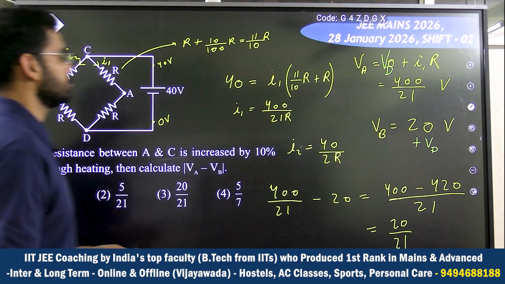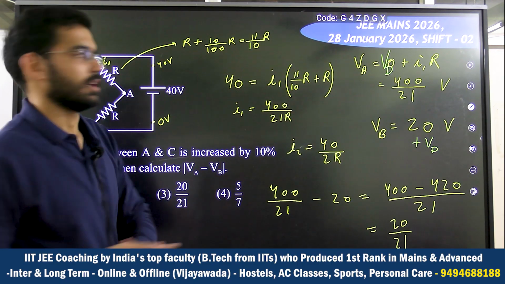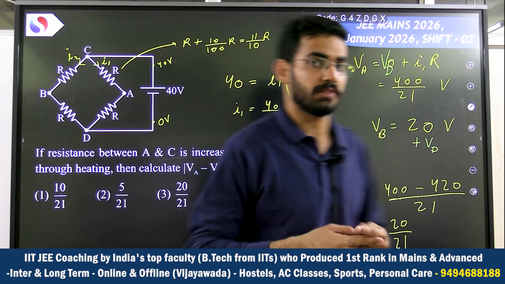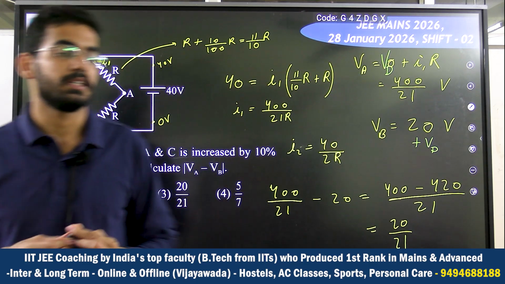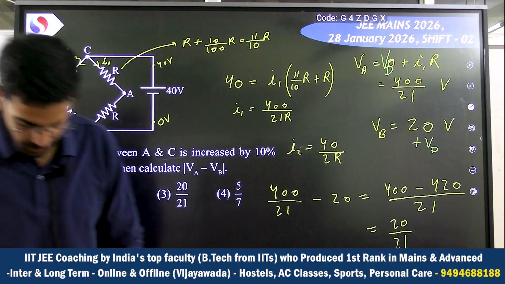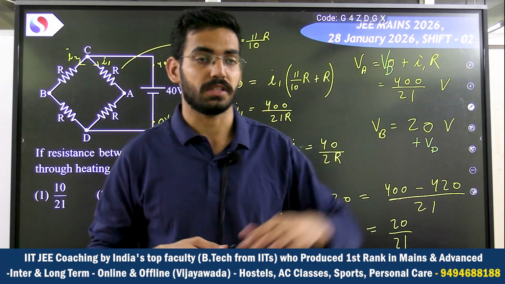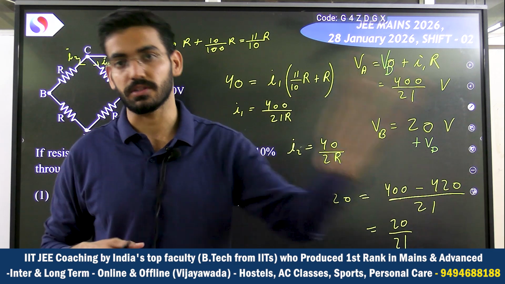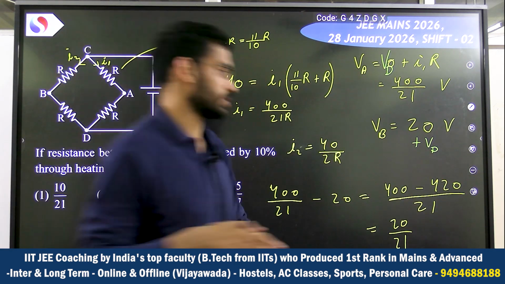So if you don't assume 0 but assume a value, it will be subtracted out. In this paper only one question came where he asked what thing you can't measure. He said you can't measure the potential of a point, you can only measure the potential difference, because only when you assume a reference potential at a point can you give a potential value.